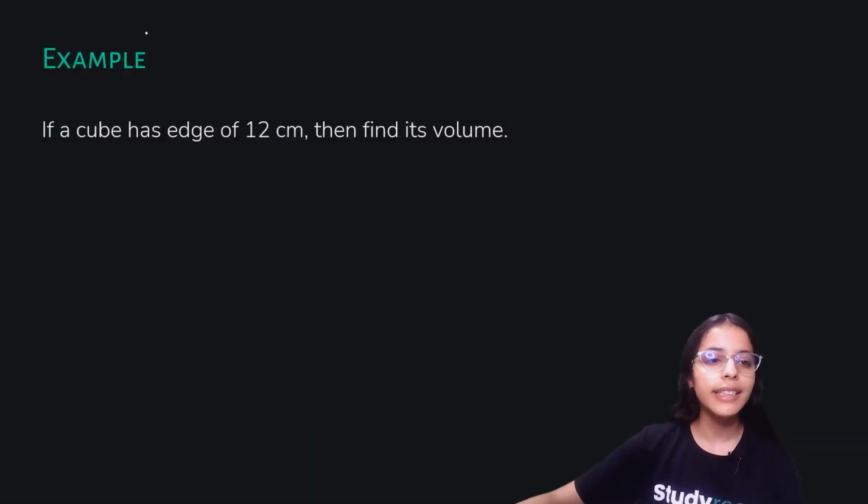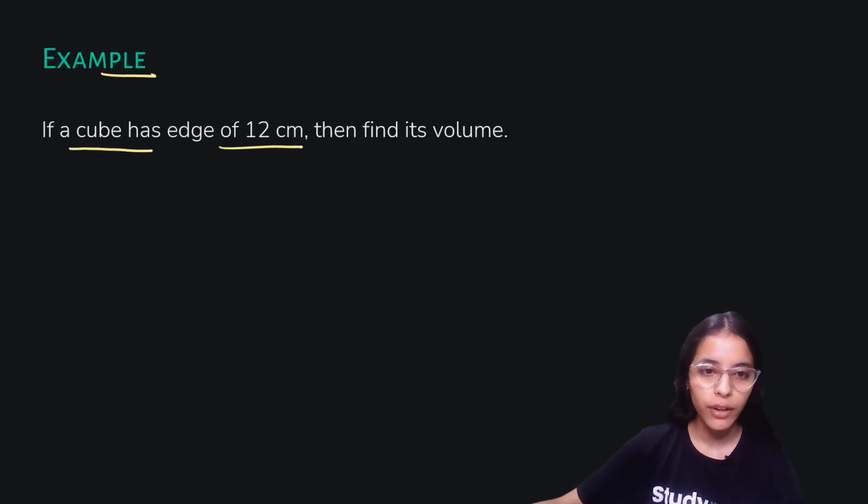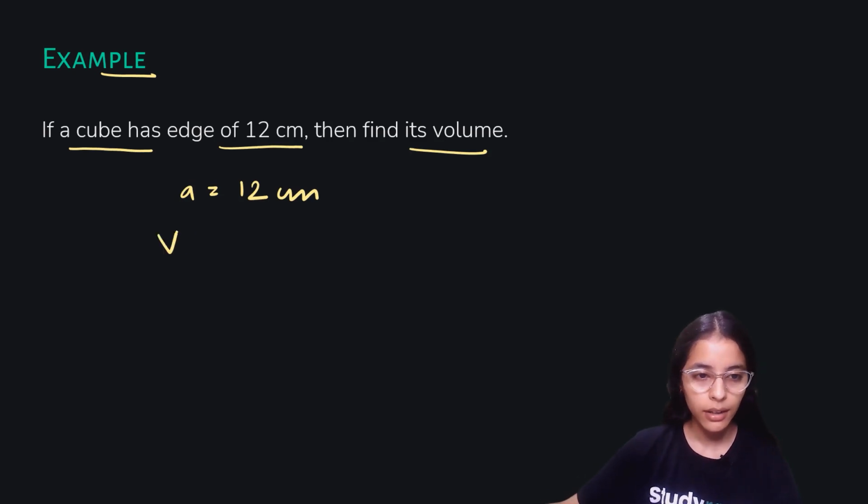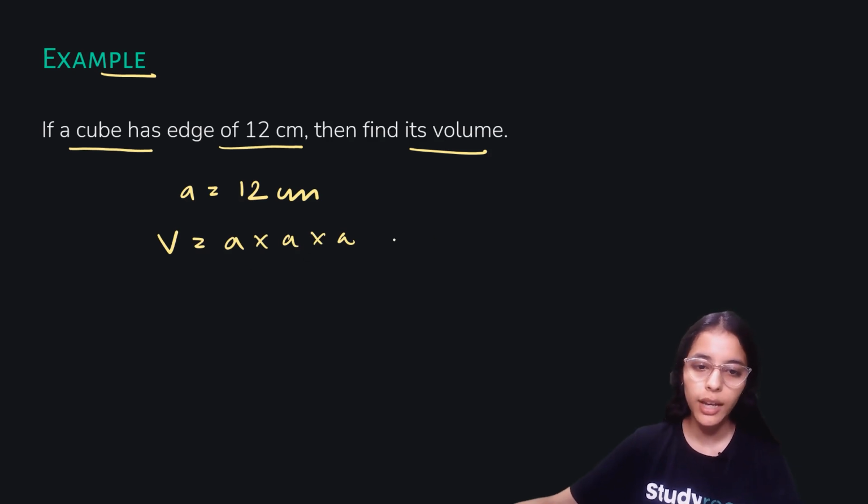Now let us do an example to help you understand how to use these formulas. So we have a cube that has an edge of 12 centimeter. We have to find its volume. It's a simple question. We know that edge is equal to 12 centimeter. Then its volume would be A into A into A, edge into edge into edge, or we can write it as A cube.